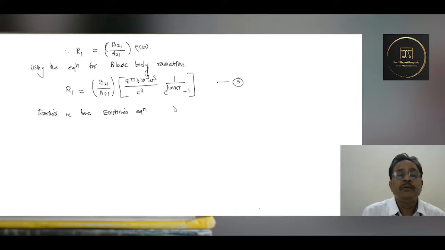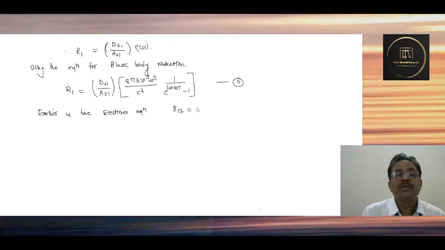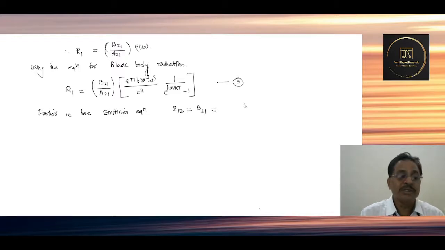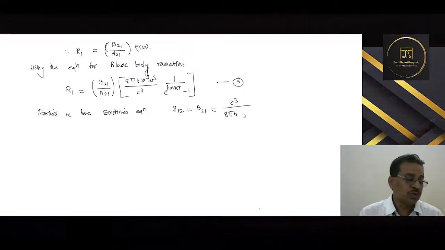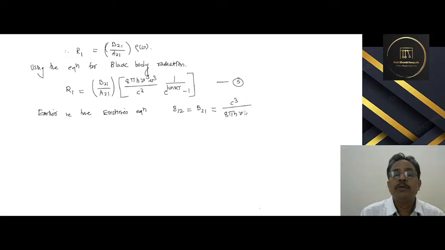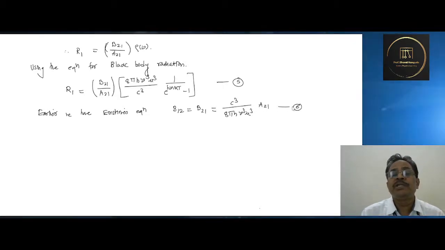Einstein's equation, which was written there, is B12 equal to B21, which is equal to, if you remember, from the earlier chapter, c cube upon 8 pi h nu cube multiplied by A21. This is another important derivation which we have seen in the earlier lecture. This is called the relationship between all these Einstein coefficients for the three processes.